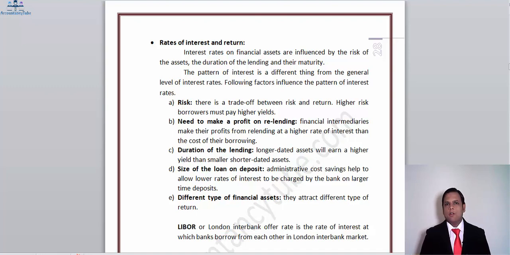Now, it's a basic thing of financial management that higher risk companies, that is companies that have got high risk, are already in a lot of debt, and it's likely that the investment could go down the drain if you do the investment.